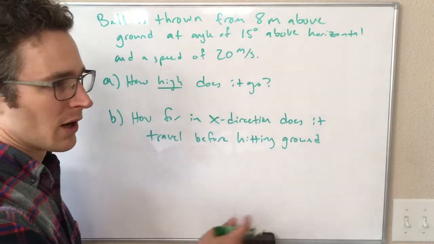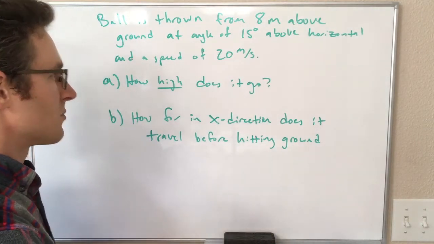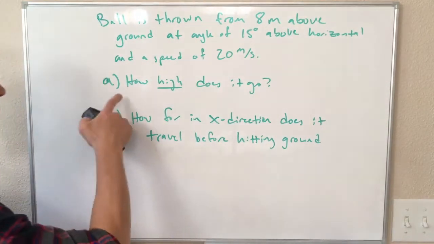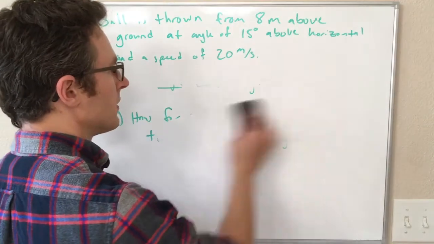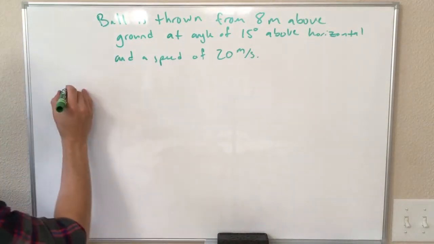At the moment it hits the ground, what is its x position? I'm going to erase parts A and B. We just remember that first we're looking for how high does it go. Okay, so let's draw a picture of this.